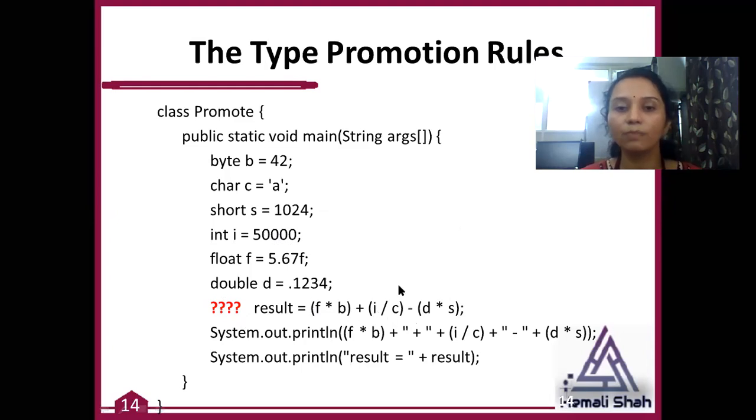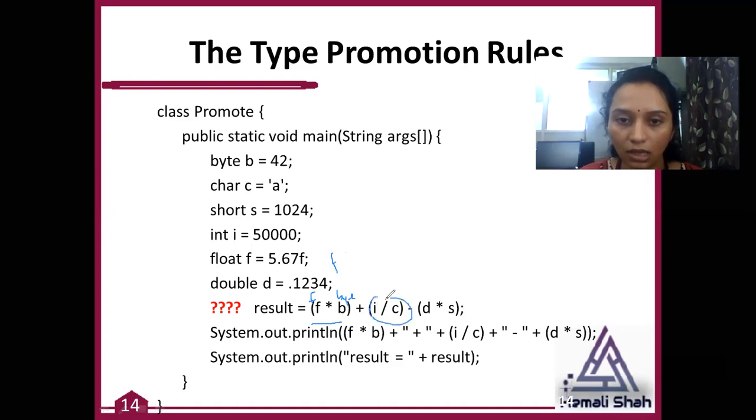Whenever you perform this expression, this first one is a float, and this is a byte. So the resultant value of this particular expression will be the higher of byte and float. That means it will be a float.